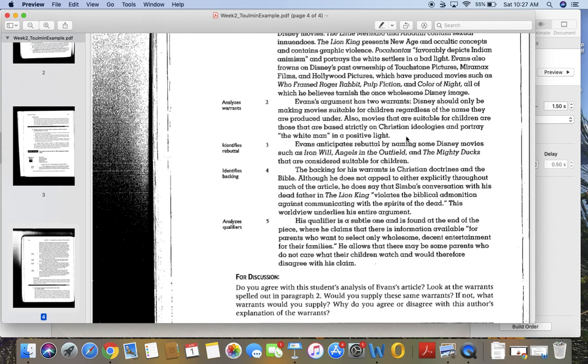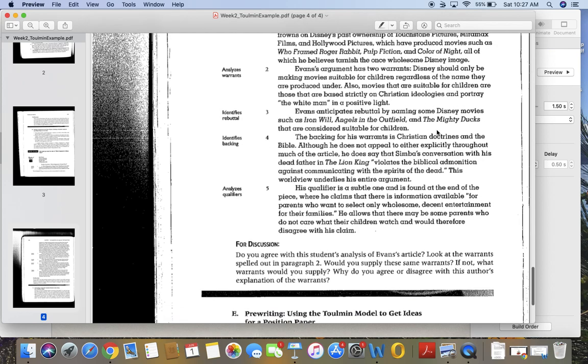What is the author assuming is true? What is his worldview? So this person has a worldview that what is suitable for children is based on Christian values, and that Disney should be making movies based on those values. And I'm not saying that this racial issue is a Christian value. I think that's overstating a little bit there. But that's another thing for another day.